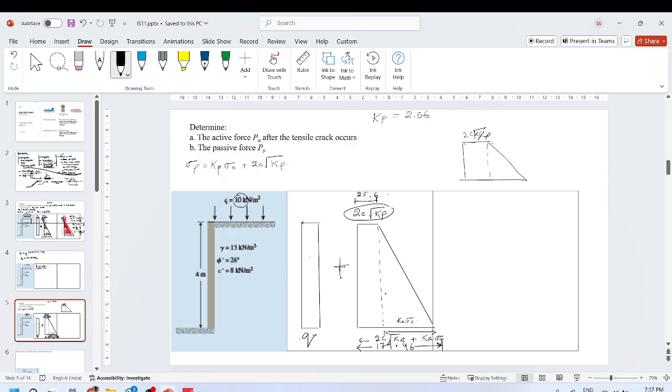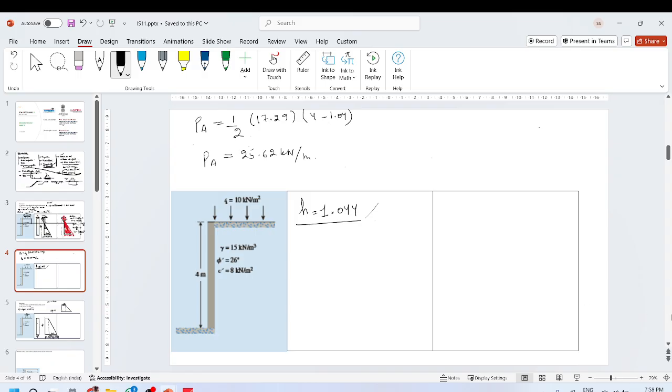In the right hand side you should get only the triangle, that is the kp into sigma naught diagram. Rectangle plus triangle is equivalent to trapezium, no? Yeah. Just a moment. That is what I'm confused about.